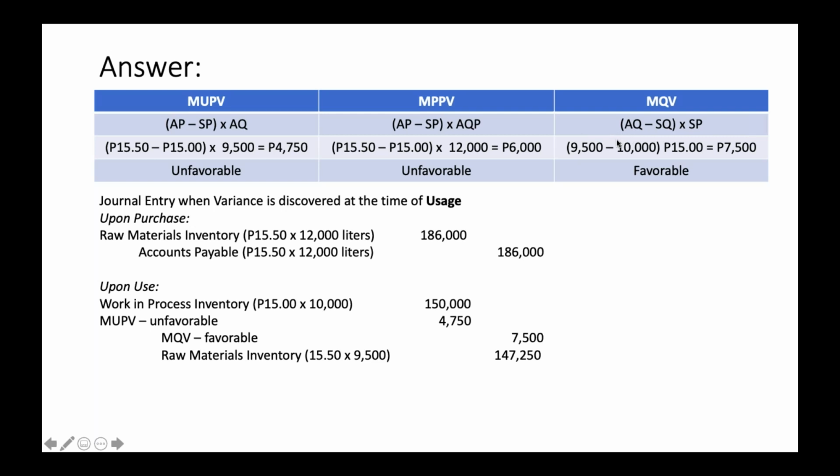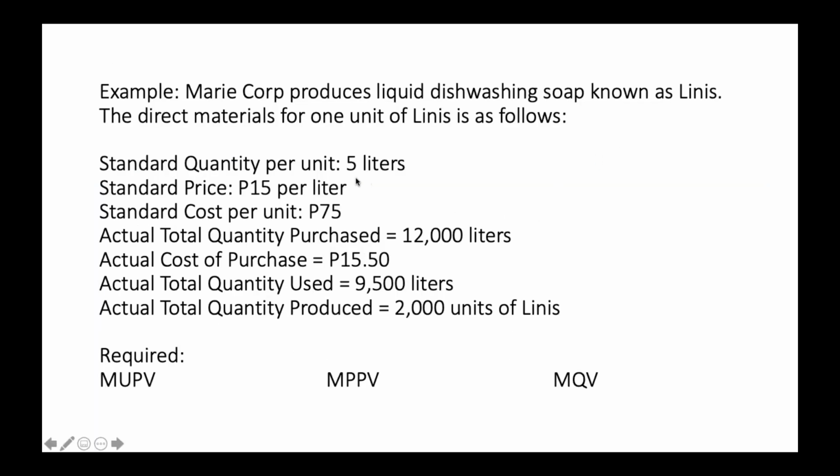The standard quantity is 10,000. How did we get 10,000? Let me go back to the previous slide. Our standard quantity per unit is 5 liters. For us to produce 1 unit, we have to consume 5 liters. That's the standard quantity inputs.